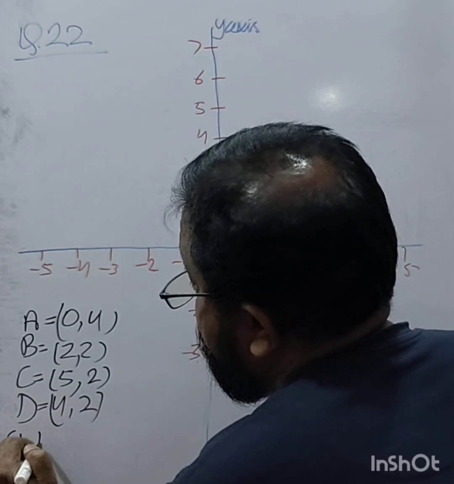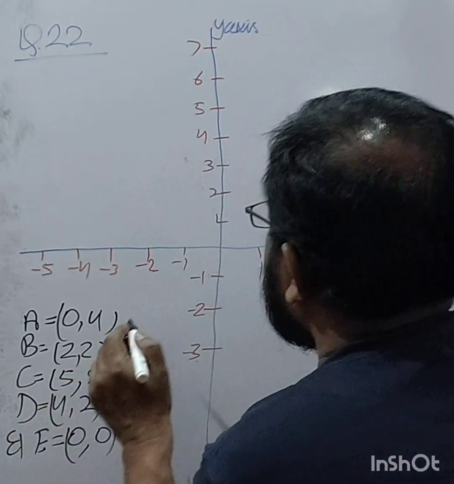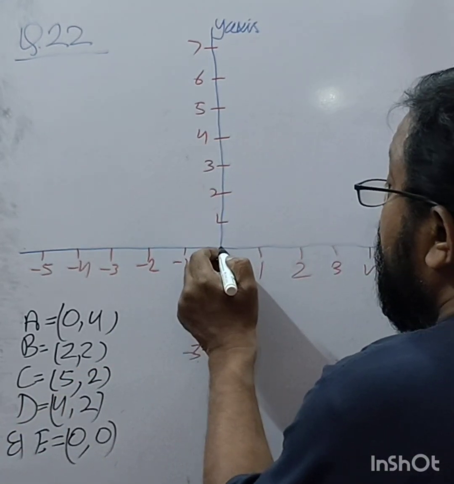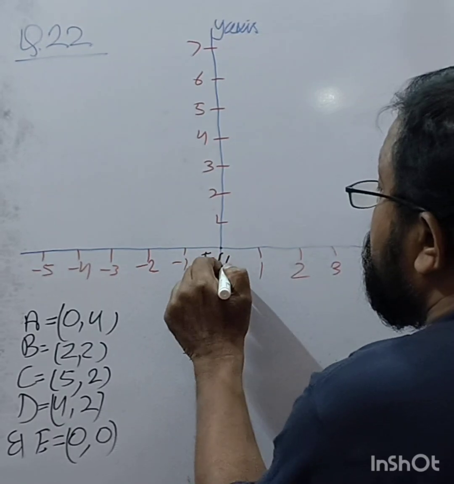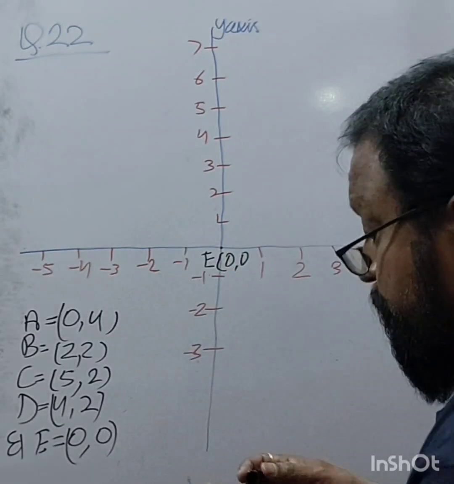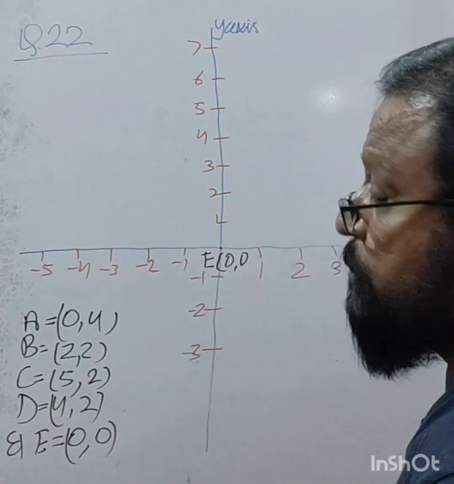And E is 0,0, means at origin. So here is E, that is 0,0. Okay.